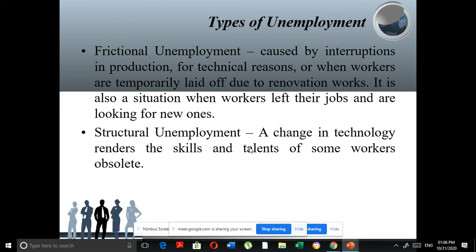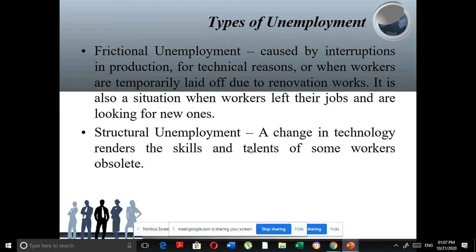So, structural unemployment exists when workers' characteristics do not fit with employers' requirements. In macroeconomics, frictional unemployment and structural unemployment are the normal case. Frictional plus structural unemployment, this is the normal case in economics.